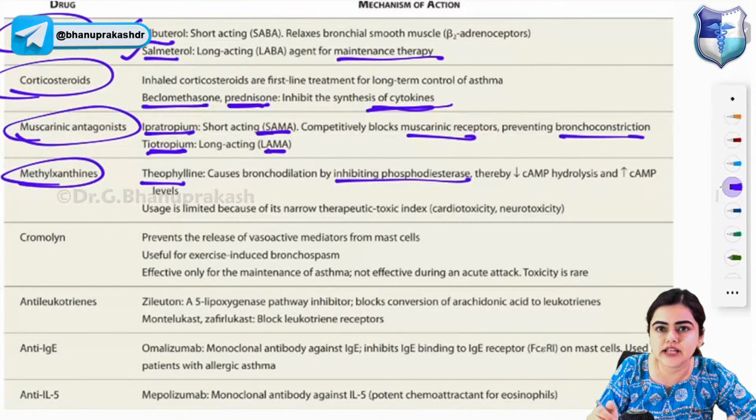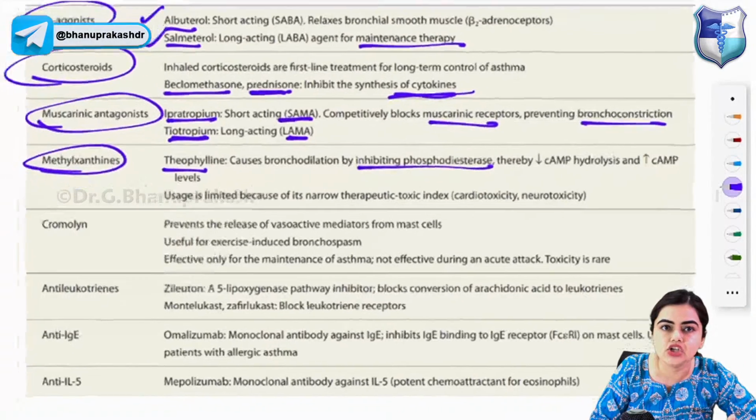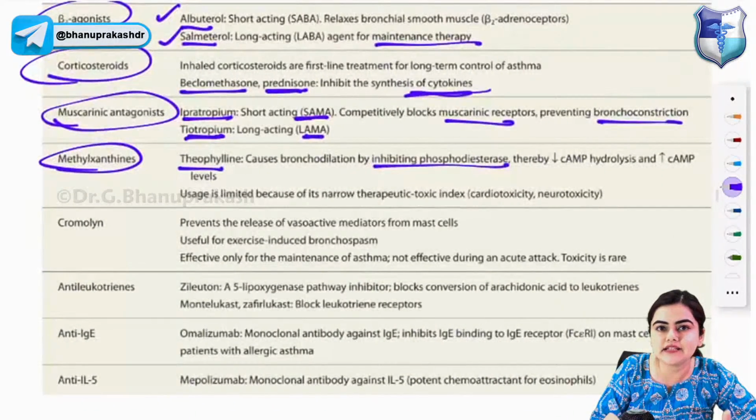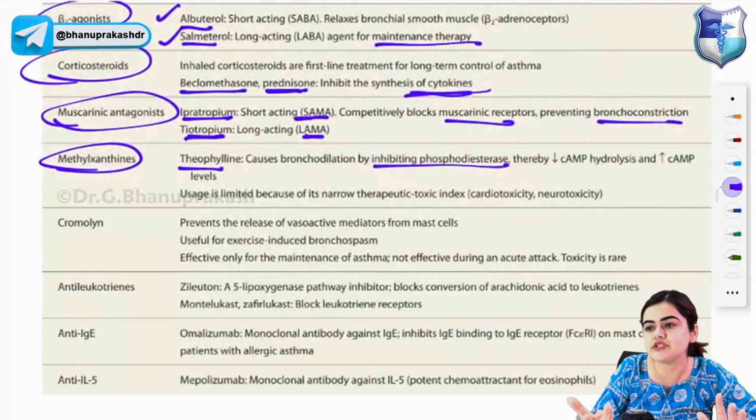Theophylline is a phosphodiesterase inhibitor. Can you tell me the other mechanism of action of theophylline? The other mechanism of action of theophylline, very frequently asked, it is a drug with zero order kinetics.